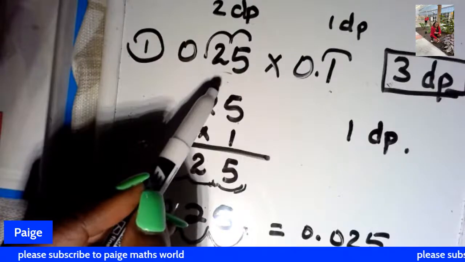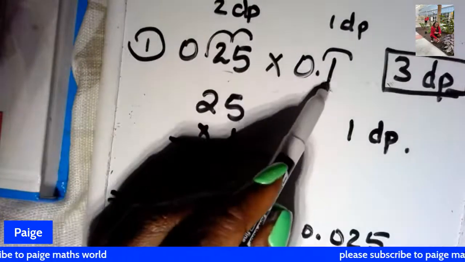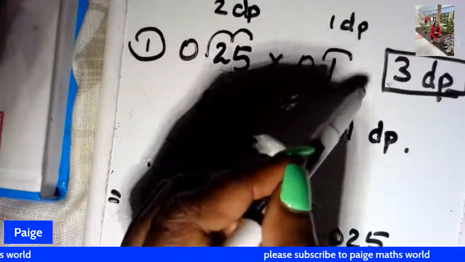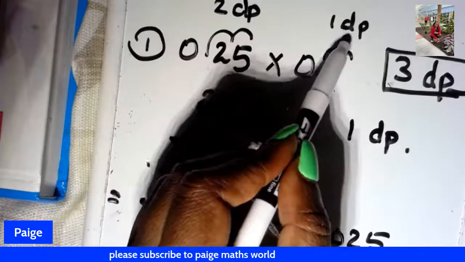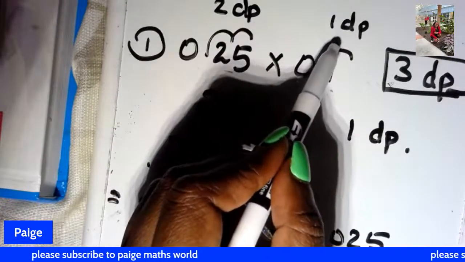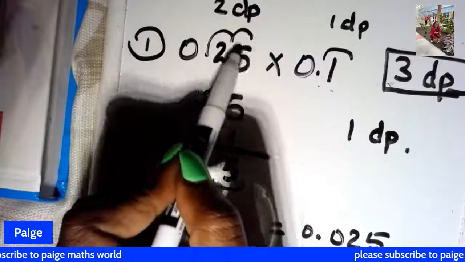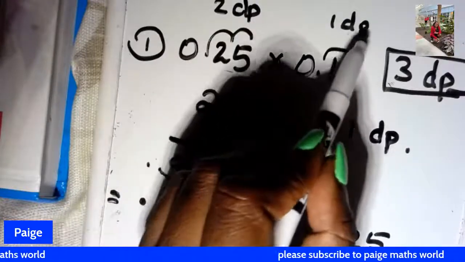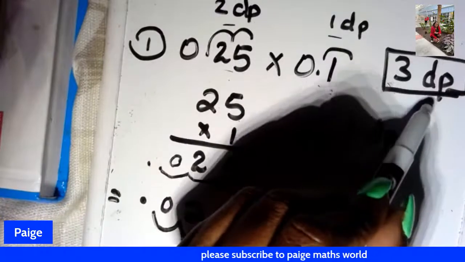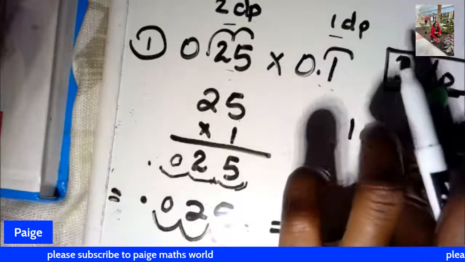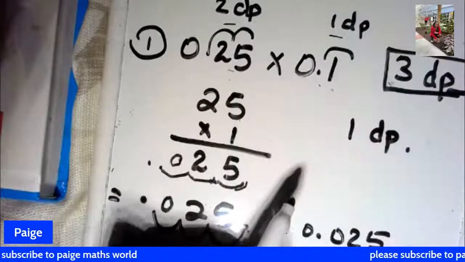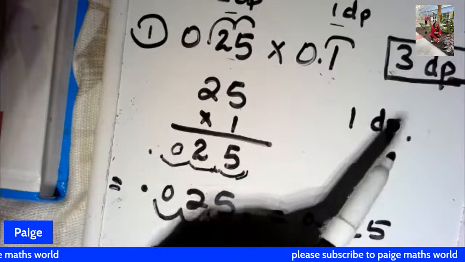Right? And for 0.1, how many places do I have to move the decimal point to make it a whole number? 1, right? So what I did, I took out this 2 and this 1. So in all, I took out 3 decimal points, right? You see that, right? So in all, I took out 3 decimal points. Empress, did you get that? Yeah, you understand now.